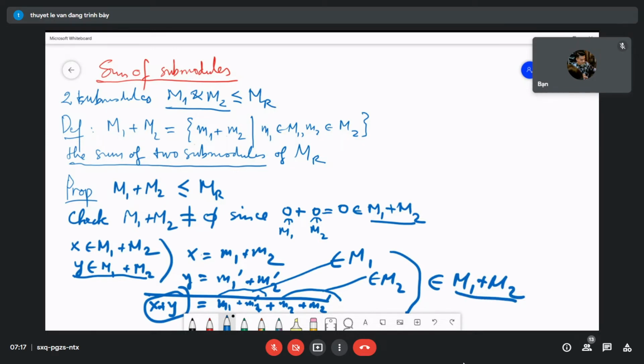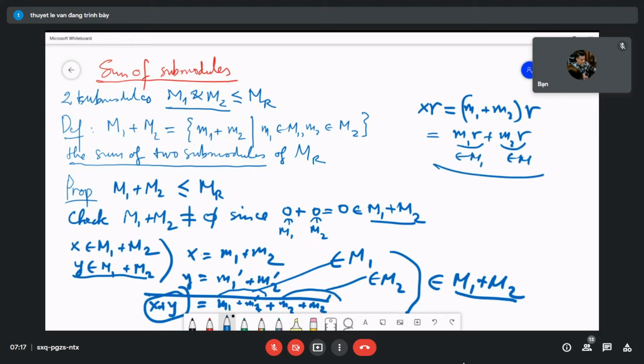Okay, the second condition. X times R is equal to M1 plus M2 tied with R, so that is equal to M1R plus M2R. That belongs to M1 and that belongs to M2, so that all belongs to M1 plus M2.